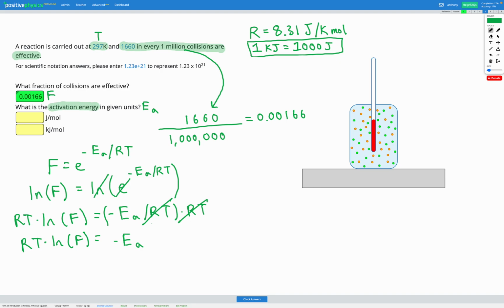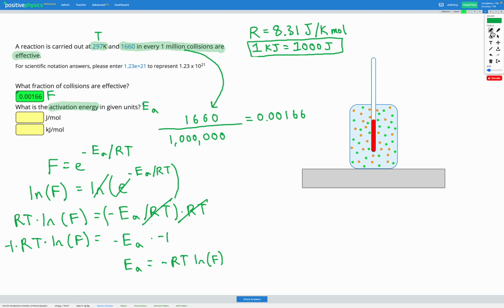Finally, we want to get rid of that negative sign. So I'm going to multiply both sides by -1, and I'm going to end up with the activation energy is equal to negative RT ln F. So that's how we rearrange our equation to find activation energy.